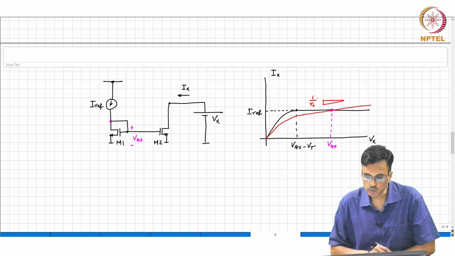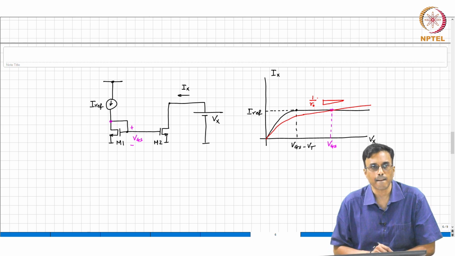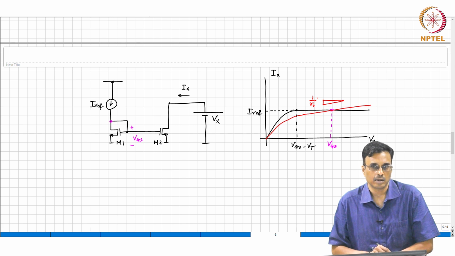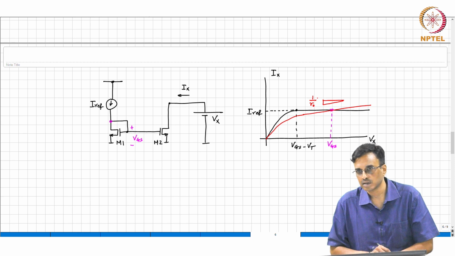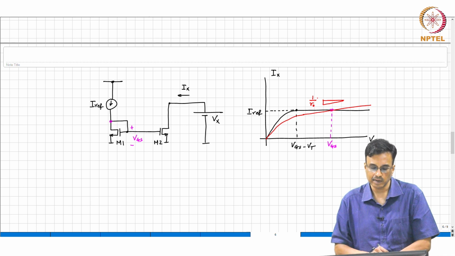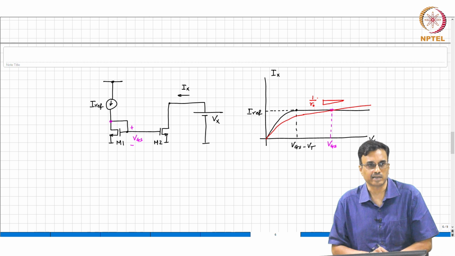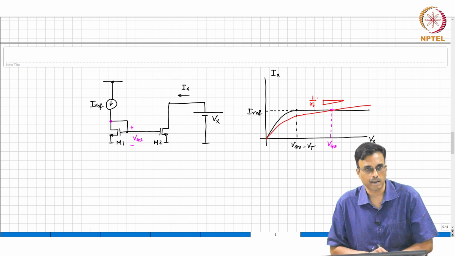So, this current source, which is ideally supposed to be a constant current, is now no longer a constant, it changes with Vx, because the incremental output impedance of this current source is not infinite, it is finite.